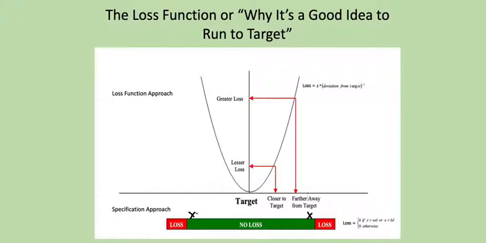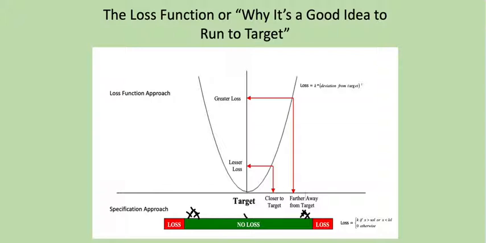So, for example, let's say I'm building windows for a home builder, and all my dimensions are at the low end for those windows. And let's say the home builder is building openings in the house, and all the dimensions for those openings are at the upper end. This could be a problem when those two products come together, because the fit may not be as good as you would like it to be, versus trying to run to some kind of target, or being more consistent.